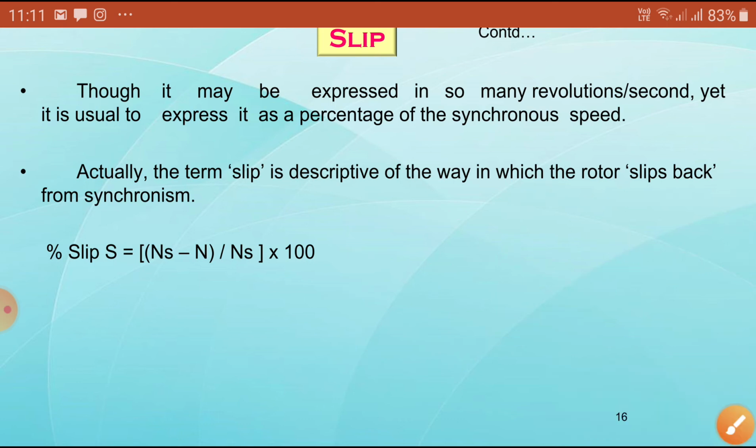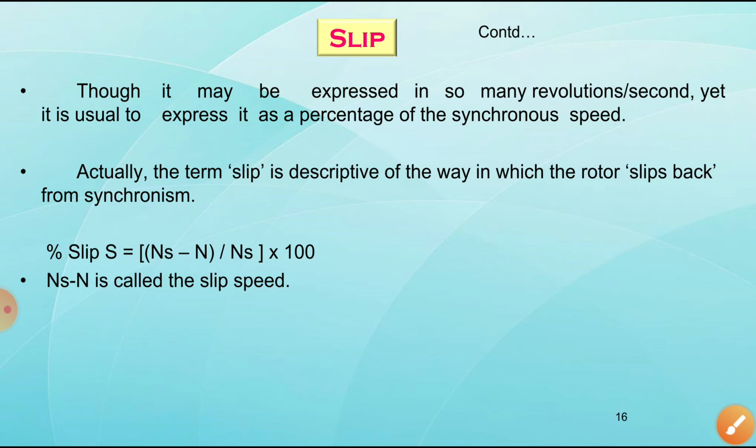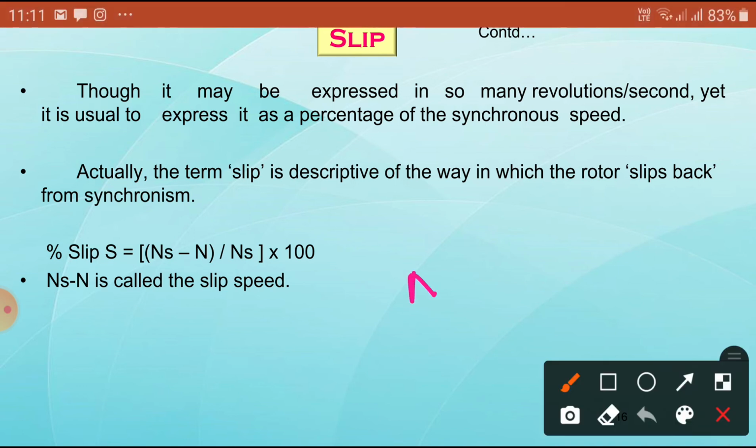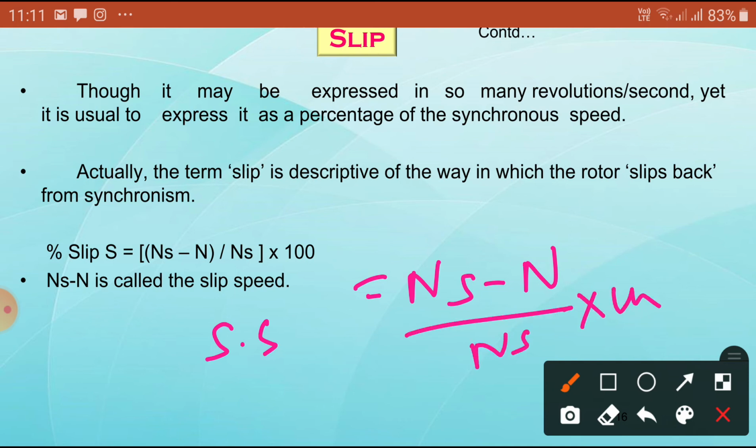Now ns minus n is called the slip speed. We can use the percentage of slip.